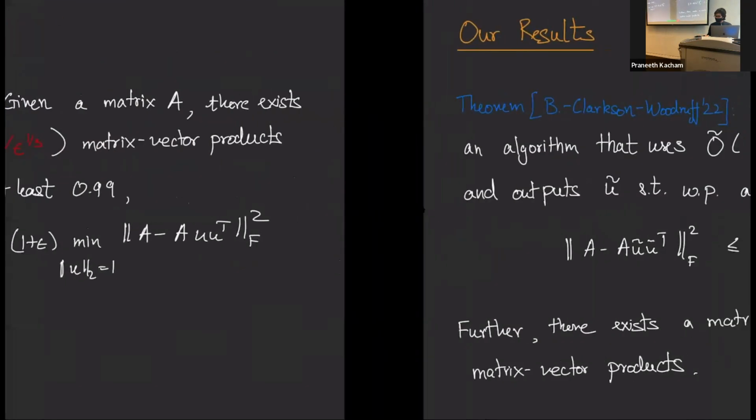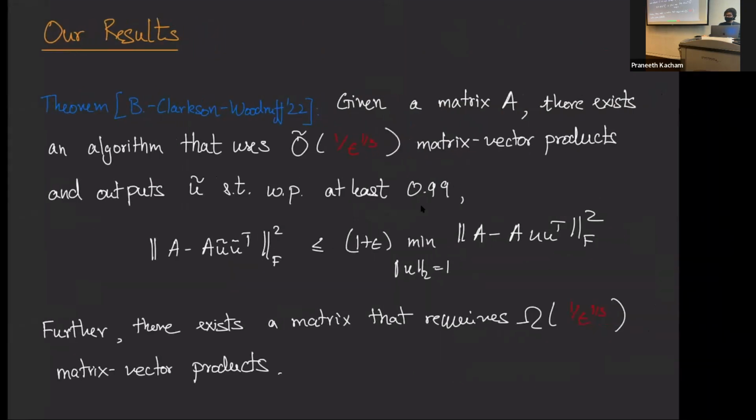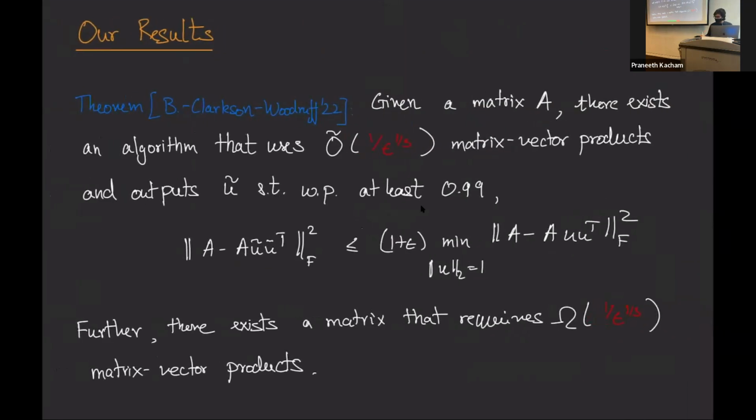Let me place this in more context by saying that we also show a lower bound: if you want to solve this problem, you require 1 over cube root epsilon matrix vector products. So this 1 over cube root epsilon is tight, even though it seems a bit magical. Yes, it's tight up to log factors. Okay, good. This is the version of the result for k equals 1.